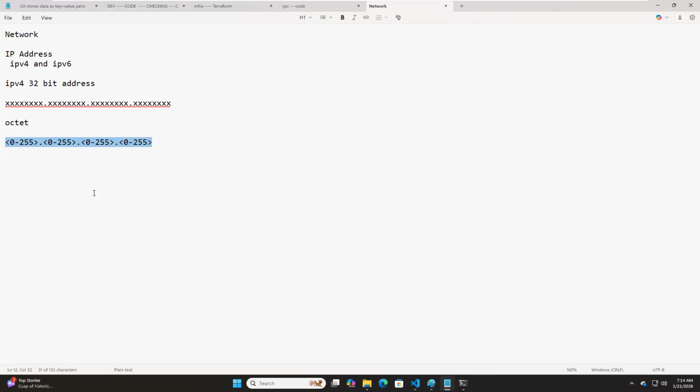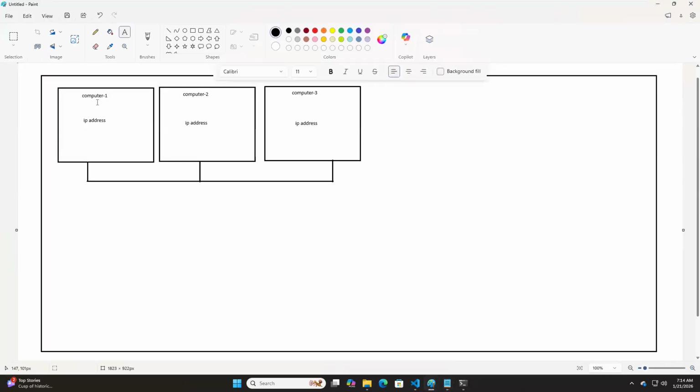Now, when we have this kind of IP address, how are we going to understand that a particular computer belongs to a particular network? For example, here I have computers. Computer 1 has the IP address 192.168.1.100, computer 2 has 192.168.1.150, and computer 3 has an IP address like 192.168.2.200.